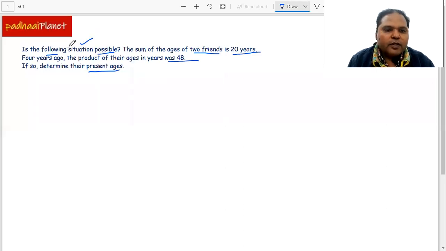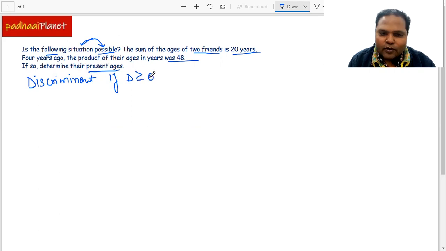First we need to find out whether this situation is possible or not. The answer to this can be found out by the discriminant of the quadratic equation. If D is more than 0 or equal to 0, then yes, it is possible.